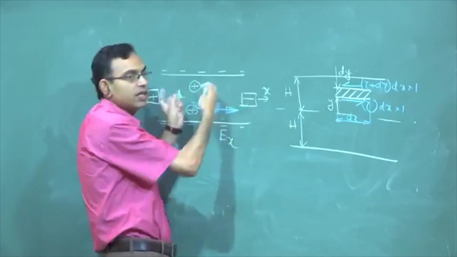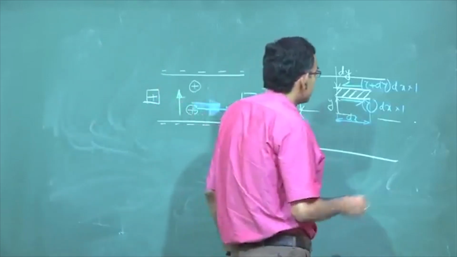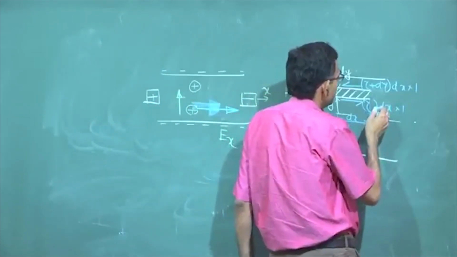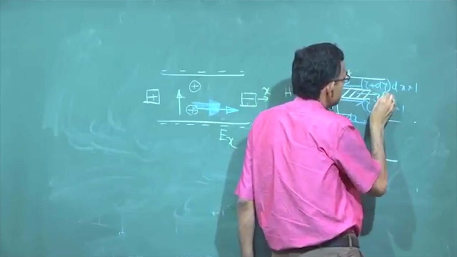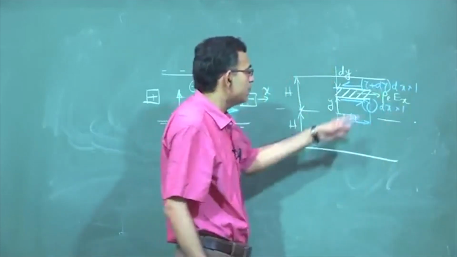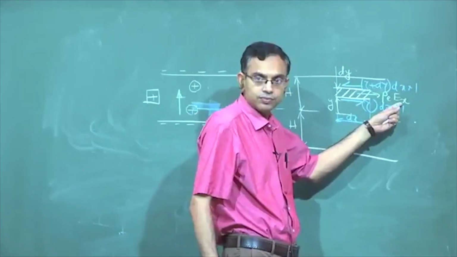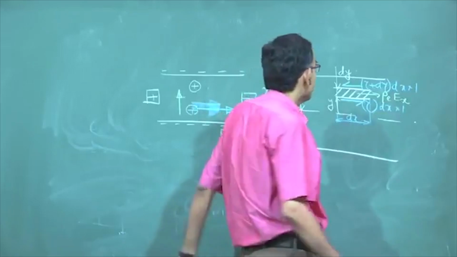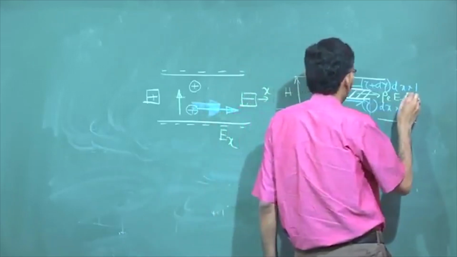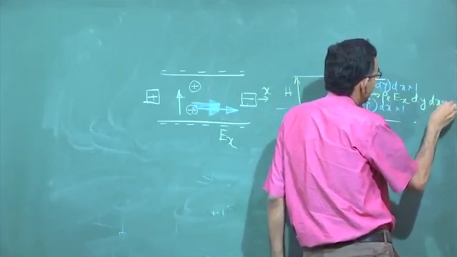A combination of these two is actually making the fluid flow. So if you have Ex as the electric field, the body force due to that is rho e into Ex per unit volume. Now if you multiply this with the volume, dy into dx into 1, this is the total force.